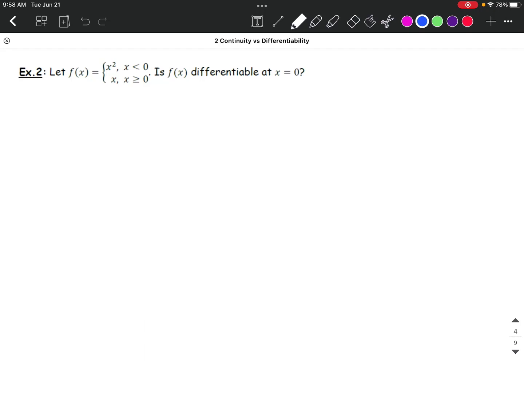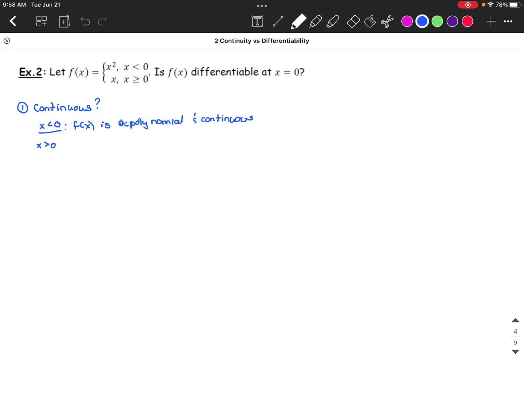Now the first step, if it's differentiable, you first have to show that it's continuous. Okay, so the top piece of the function, when x is less than 0, f of x is a polynomial and continuous.